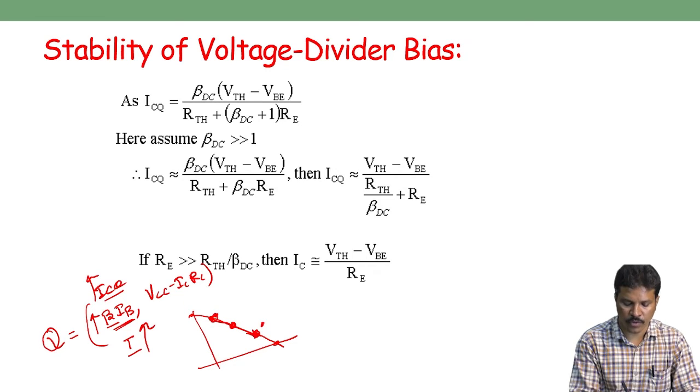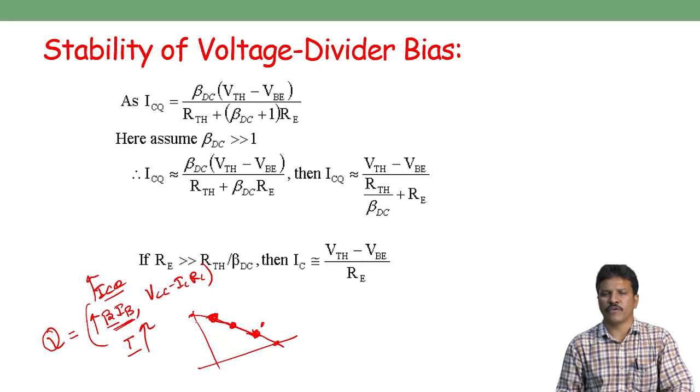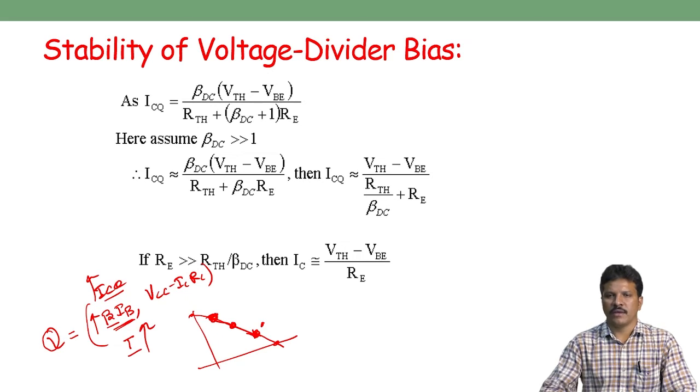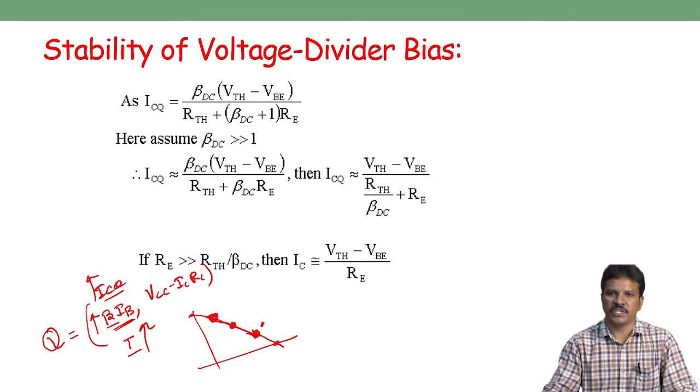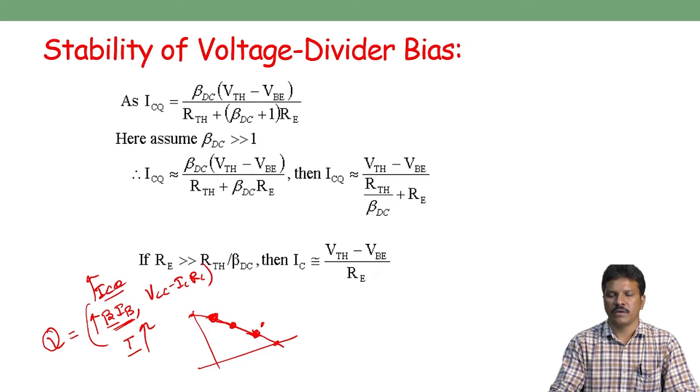This changing of the Q point in the fixed bias shows that it is an insufficient biasing network for an amplifier to get faithful amplification. That's why we go to the better circuit, which is called voltage divider bias.